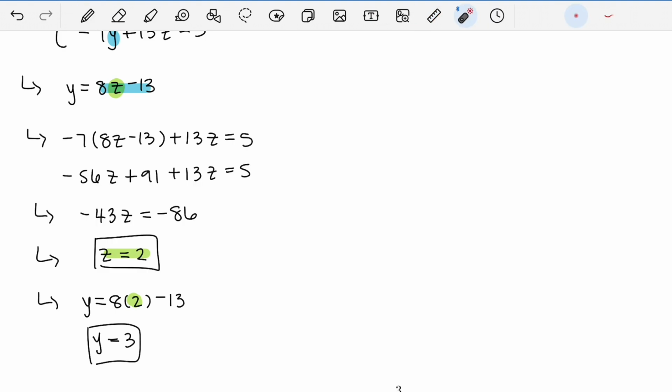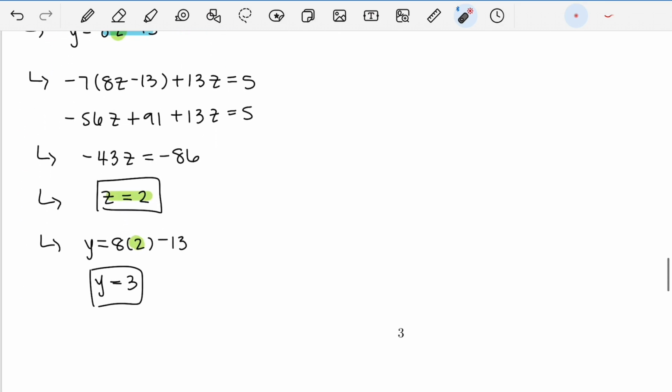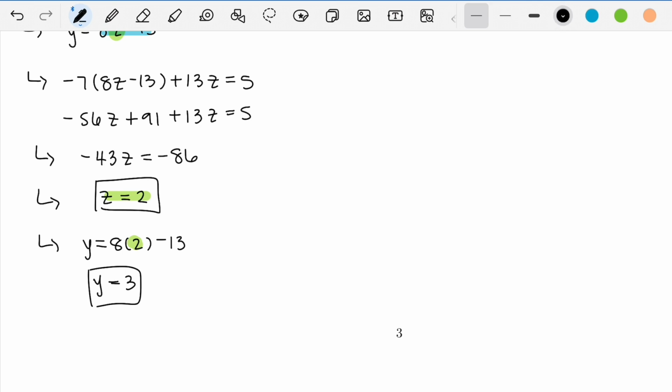Now we've found two of our unknown values, and we have one more. We have this x value, our focus variable, that we need to find. So I'm just going to plug in our values for y and z into this equation here. And notice we're finding a solution to this system, so I could plug it into any of these equations. But we're going to plug it into this equation, x plus 3y minus 6z is equal to 1.